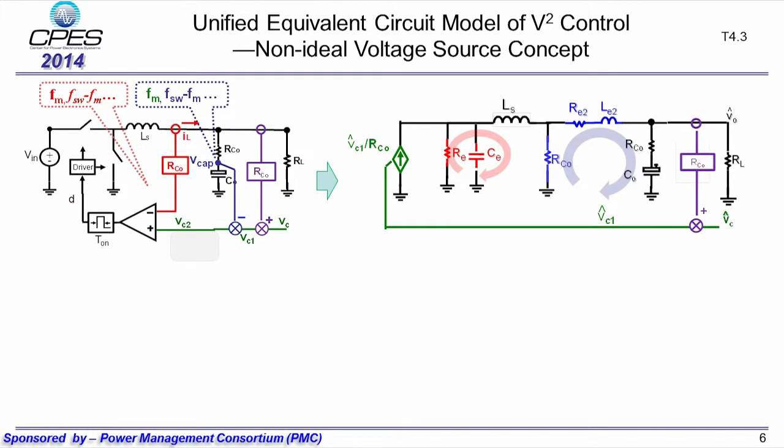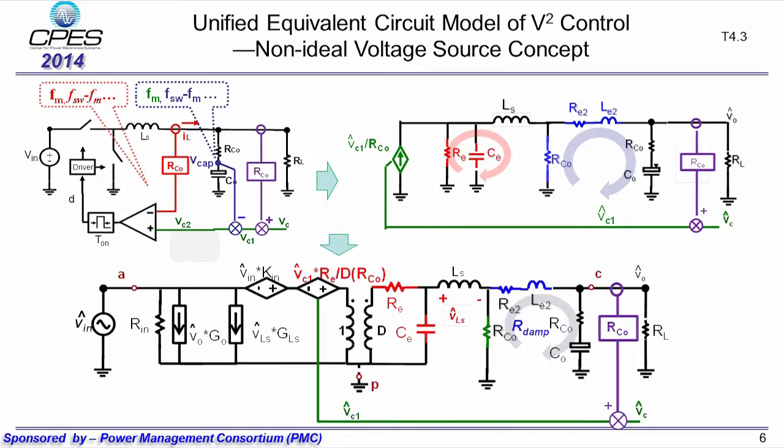The capacitor voltage feedback turns the current source into a non-ideal voltage source. The non-idealness of this voltage source is shown by resonance between Le2 and output cap CO. Now, by considering the input property in the same way as in current mode control, we can get the complete equivalent circuit model, and this model can be used to derive all the transfer functions.